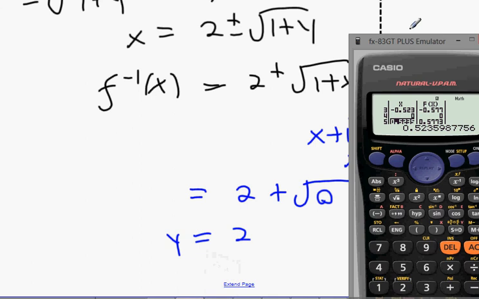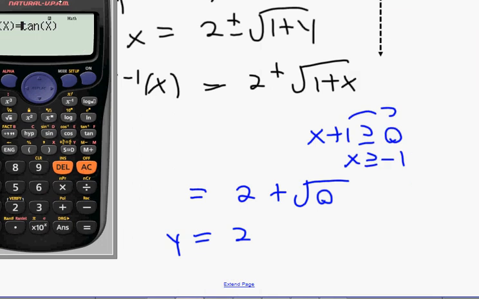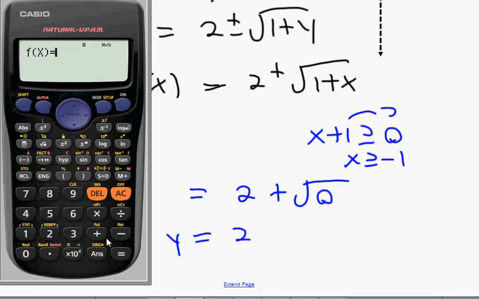Now, if you were to put this into your table, your calculator, you said 2 plus the square root of 1 plus x. If I started at 0 and ended at 10, or 11 even, step of 1. When you draw this graph out, sorry, I had to start it lower than that.